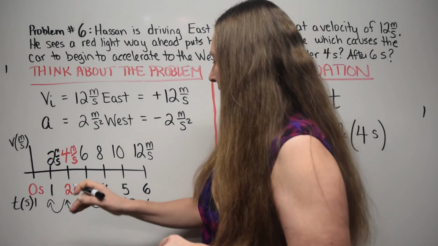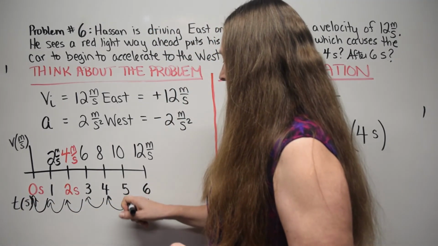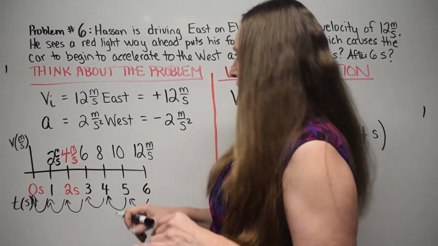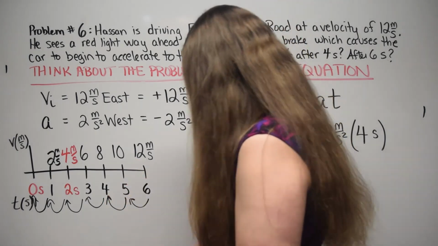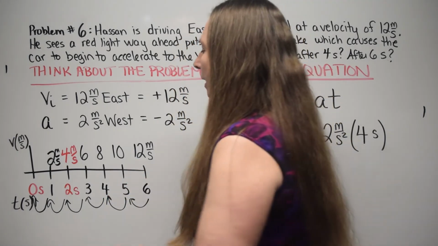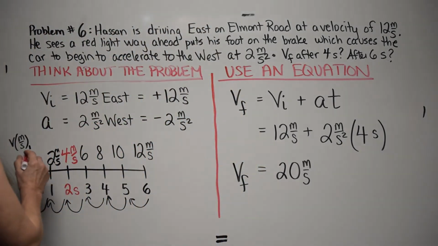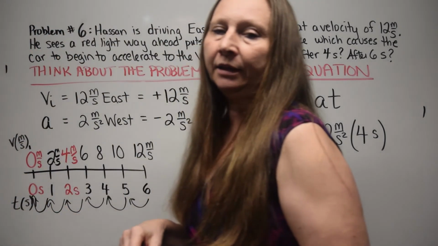And finally, after 6 seconds have gone by, 1, 2, 3, 4, 5, 6 seconds, 6 jumps from 6 to 0, your speed is now 0. So it took 6 seconds for that car to come to a complete stop at the light.